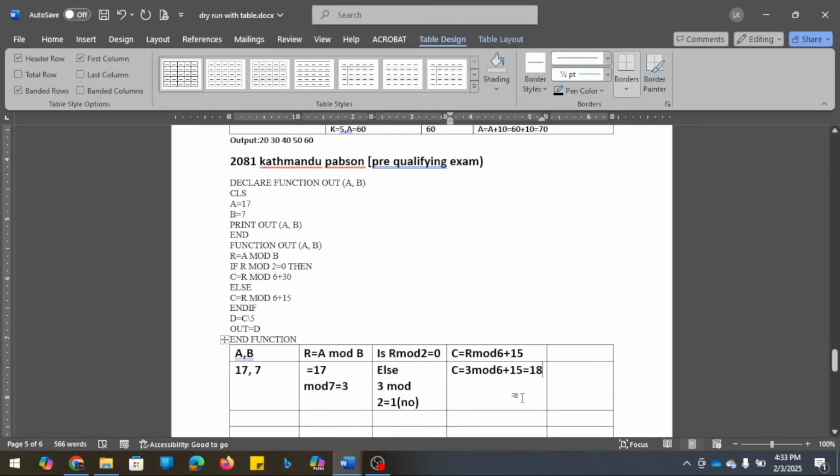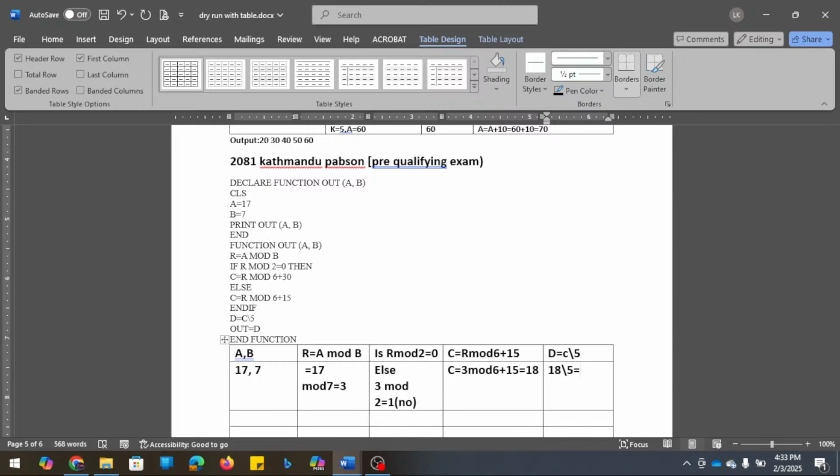Okay. So next time it becomes D equals to C by 5. So C is 18. So 18 by 5 gives us 3. Only integer part here.